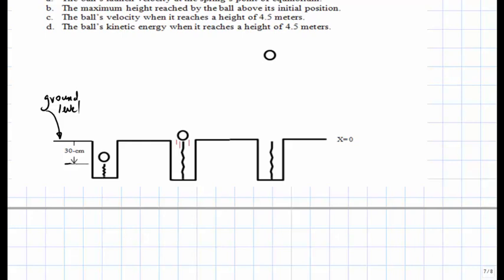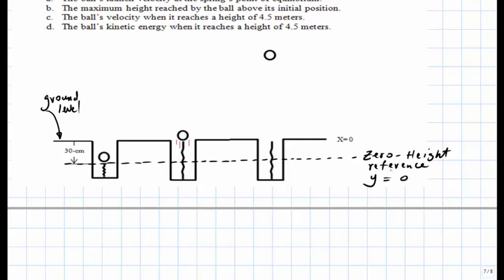And normally what we do is we extend a line across the entire problem so that we have a common reference point, and once we extend that line we label it as the zero height reference. The value for y equals 0 at this location. So the y value for the ball is considered to be 0 at its starting point.